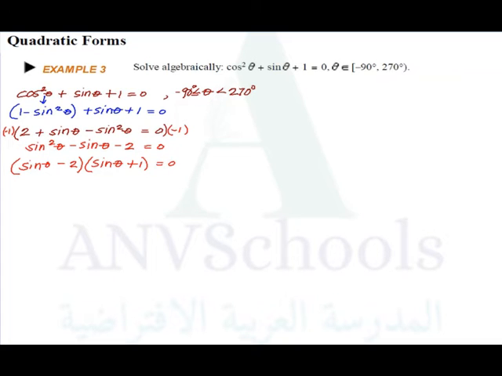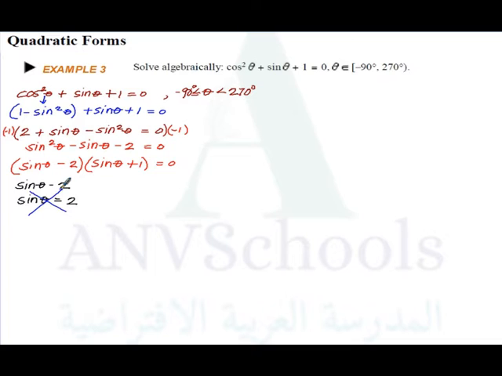Now let's see if we have values for the given factors. Sine of theta is equal to 2. Do we have a value where sine of theta is equal to 2? Definitely not. So this has no solution, so we cross this out. Remember that the sine function oscillates from 1 to -1.